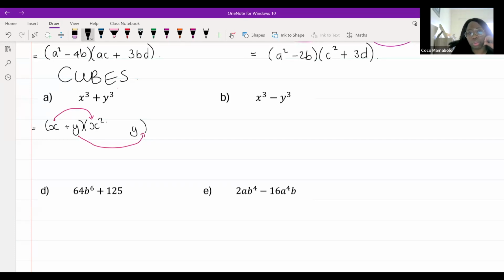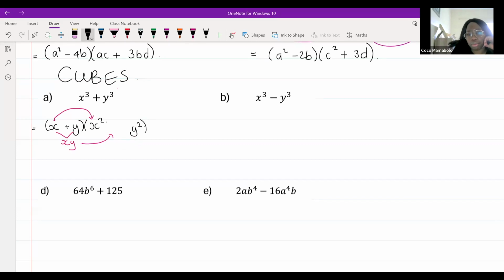Beautiful, y squared. Now remember to find that middle term, we're going to have to take these two. We're going to go x times y. What is x times y? It's xy. Good, but it's positive xy. So when I put it in here, I need to put it in as? Positive xy. It's plus positive xy over here.